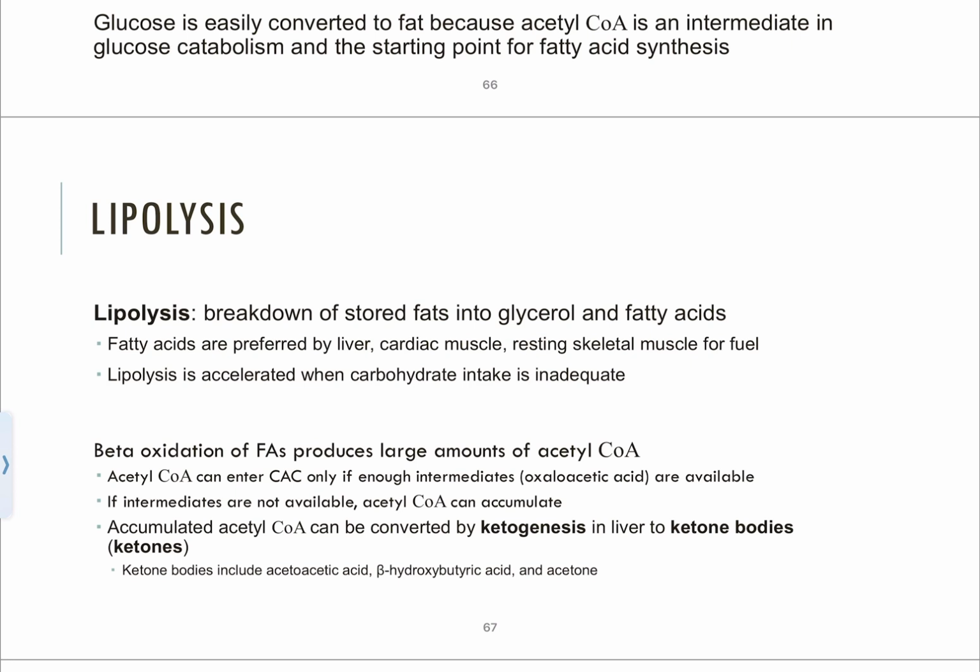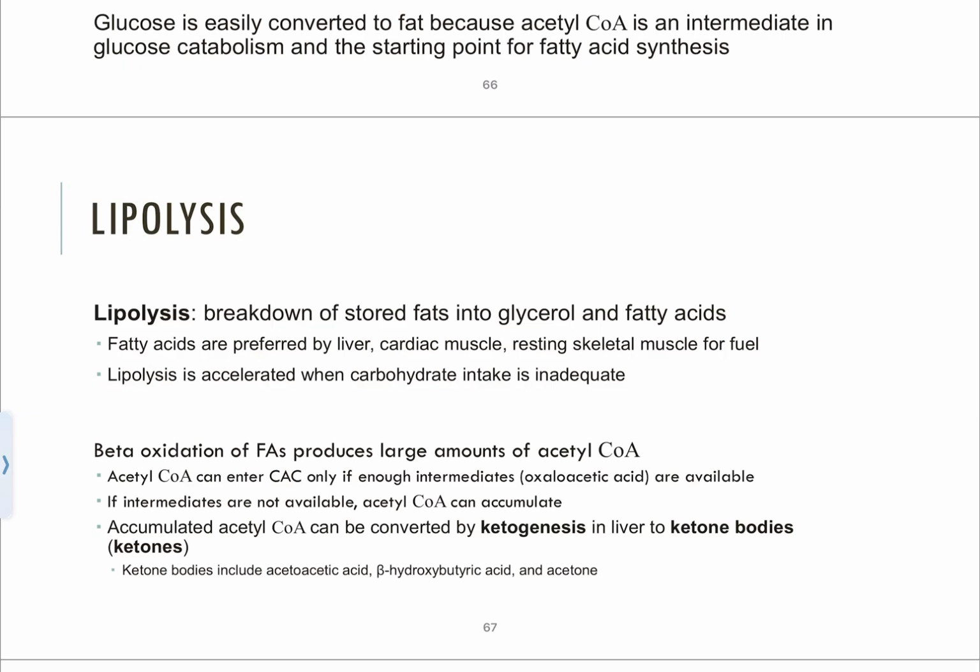If we're talking about fuel preference, our liver, cardiac muscle, and resting skeletal muscle actually prefer fatty acids as a fuel source. So we have beta oxidation of the fatty acids, which we talked about previously. This produces huge amounts of acetyl-CoA, which can then enter the citric acid cycle, only if we have enough intermediates.